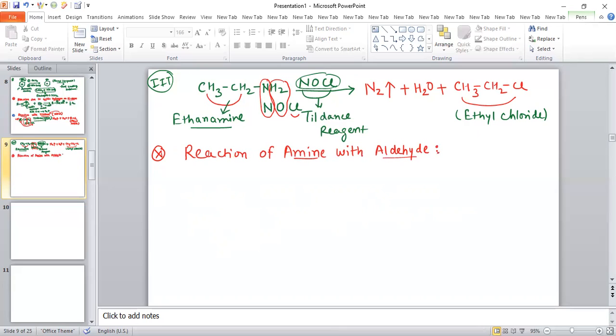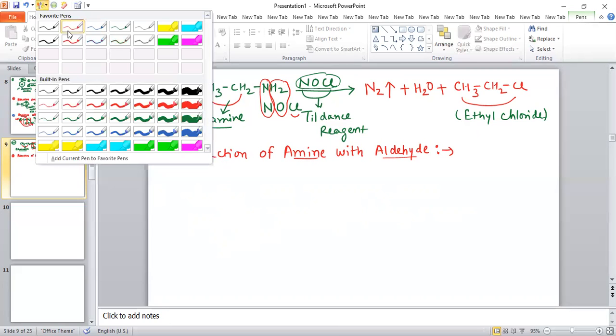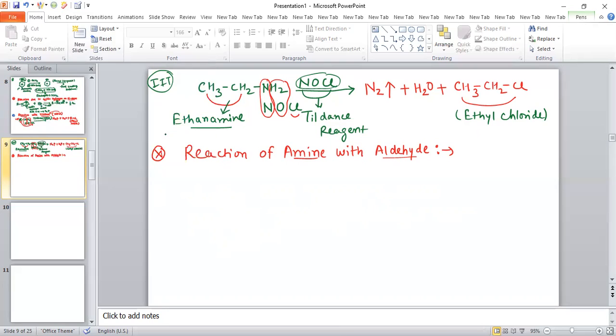See how the reaction of amine with aldehyde takes place. Now see what happens in this case. Basically the amine is RNH2. In the reaction of amine with aldehyde, hydrogen of nitrogen will be used, and oxygen of aldehyde will be used.